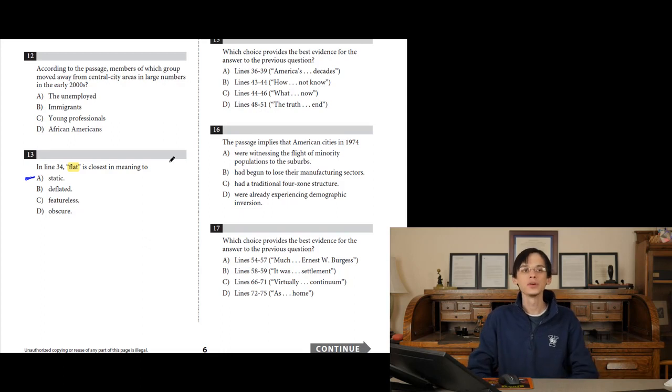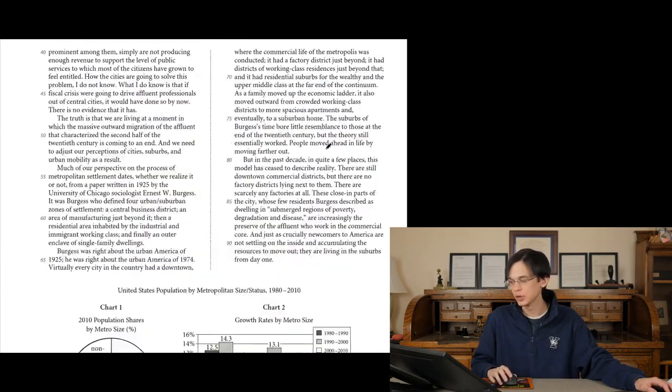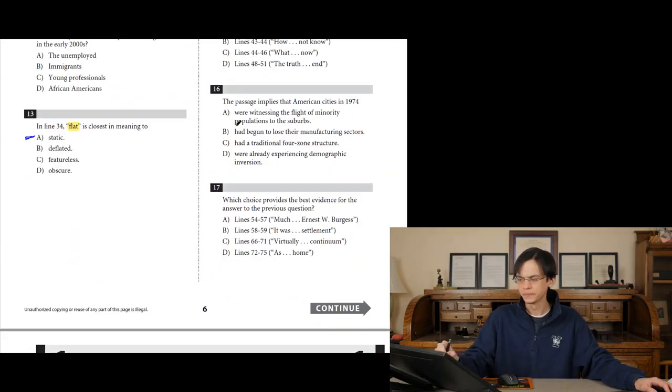You can have deflated numbers, maybe like a company has deflated quarterly earnings as a result of a huge recall. But it's almost like something happened in order to cause it to lose steam. And I don't like that definition here because we don't know. We're just talking growing, decline, and flat, not deflated, as if someone poked it or it lost air or steam or energy. I don't like that.